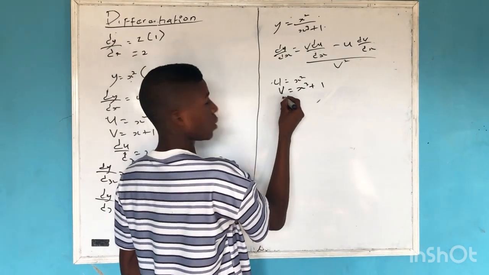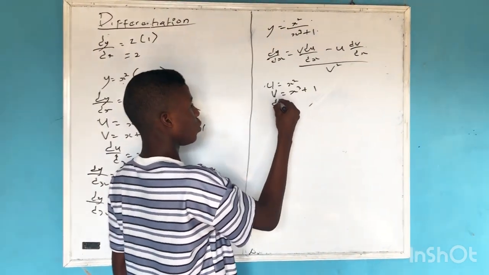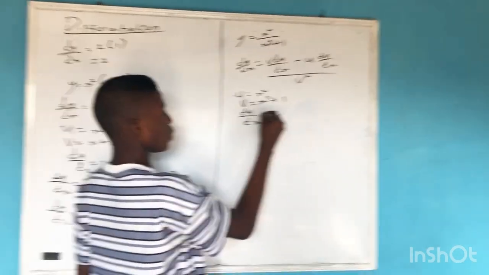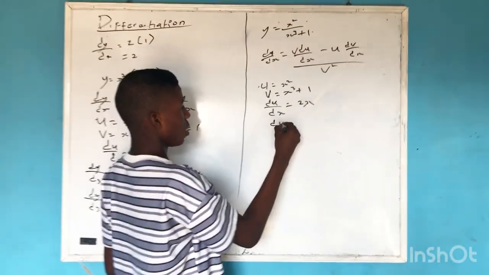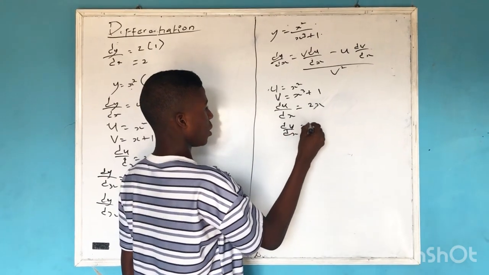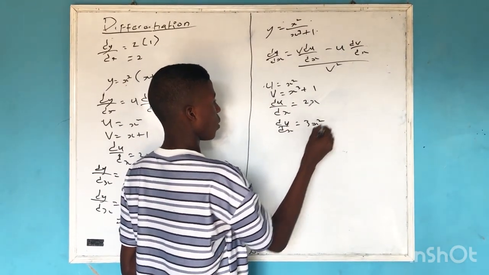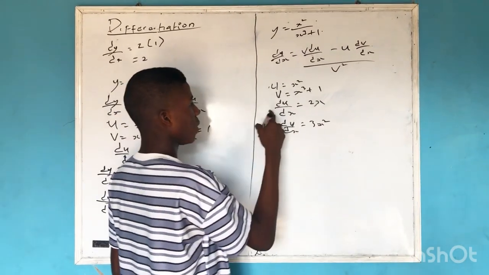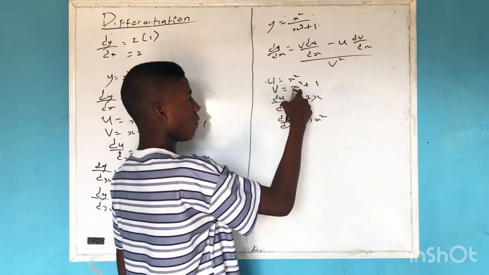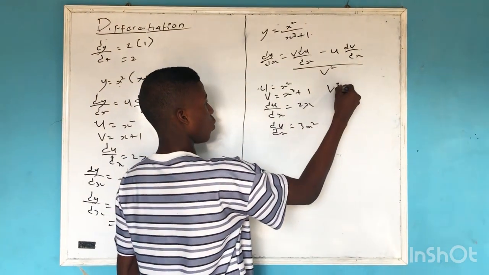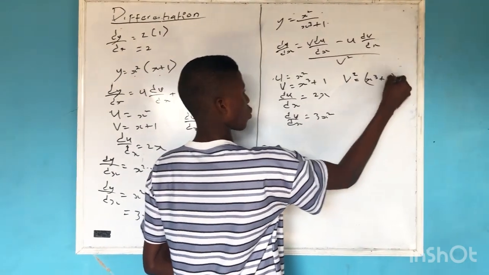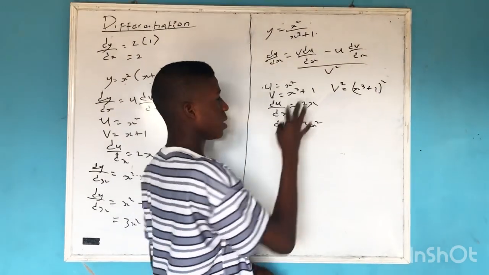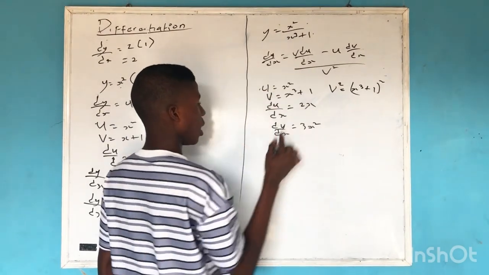So let me differentiate: du over dx is equal to 2x, and dv dx should be 3x squared. So our v squared will be (x³ + 1) all squared. I'll just fix this all into this expression here.